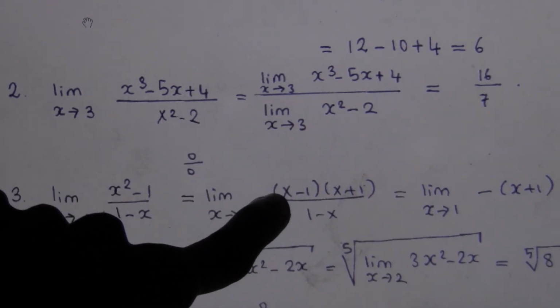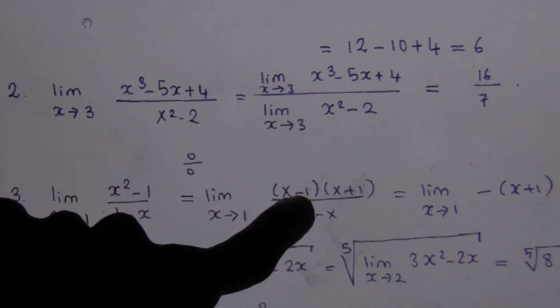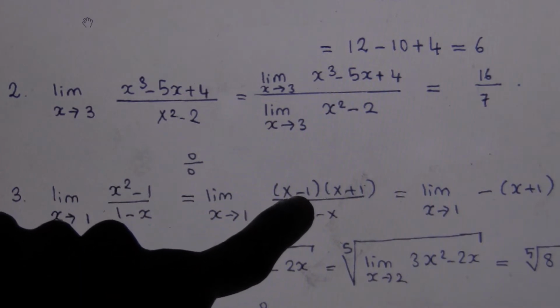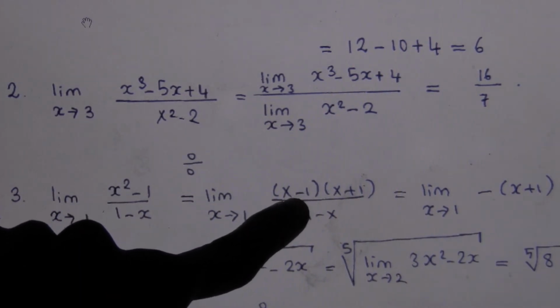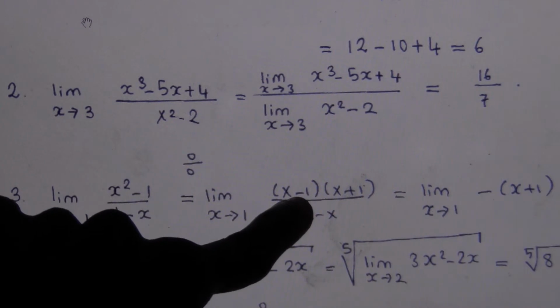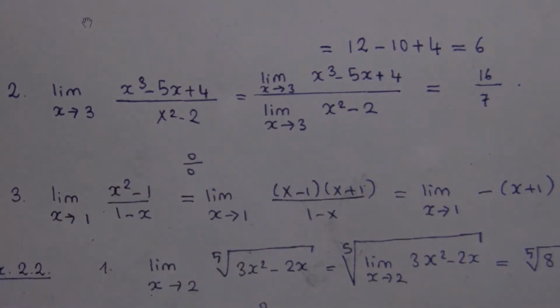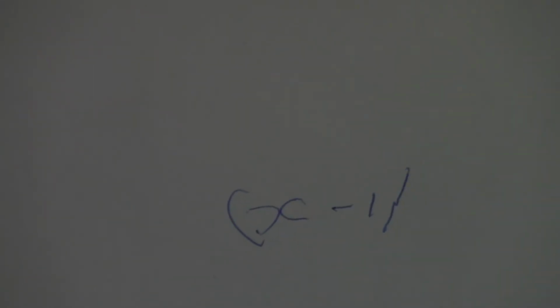So you re-express x minus 1 as negative of 1 minus x. Let me just show you why that makes sense. What they had is x minus 1.